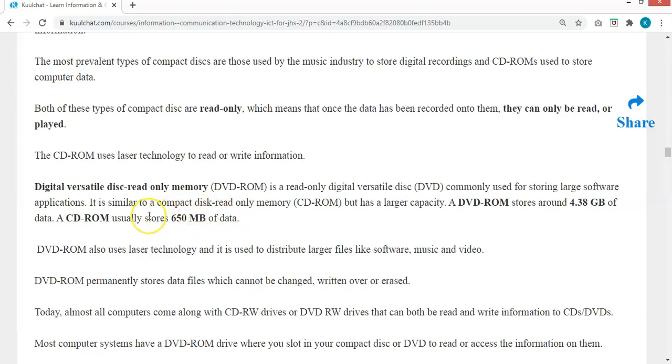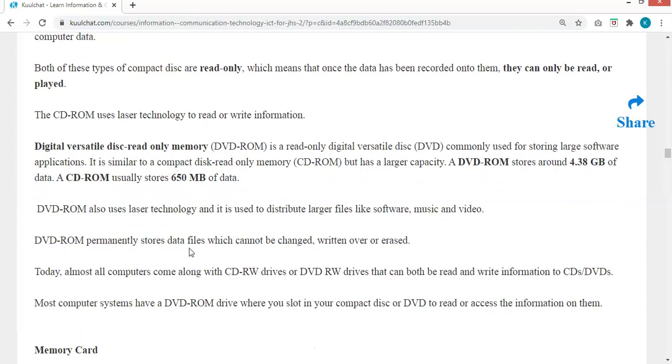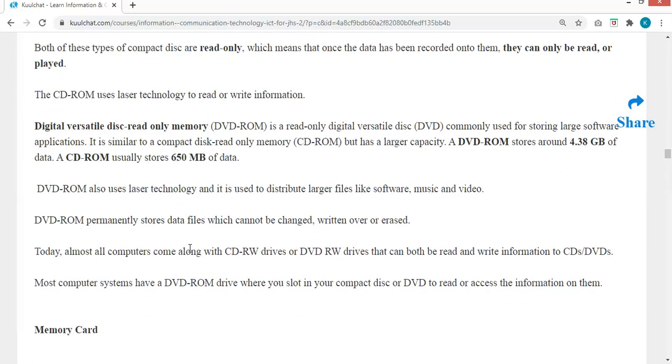So DVDs are far larger in capacity than CDs. DVD-ROM also uses laser technology and is used to distribute larger files like software, music, and videos. Nowadays, movies are around 1 gig and more, so DVDs are normally used to store that information.